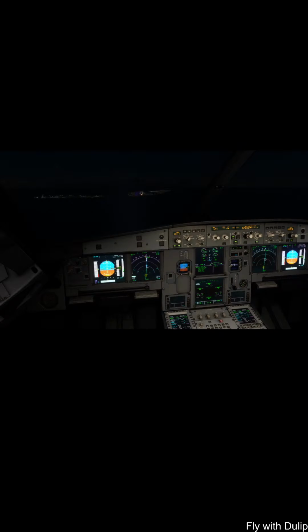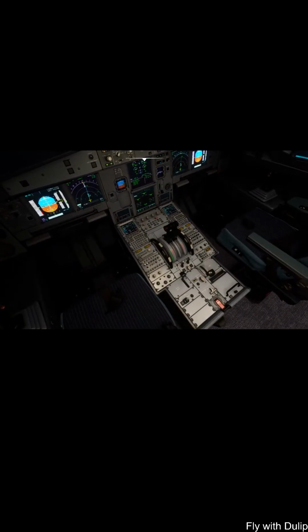1200 feet, check. We have a deviation in runway, I think maybe because of how the approach is planned there, but that is manageable so far. 1000, check. I think there is a little bit of crosswind today.